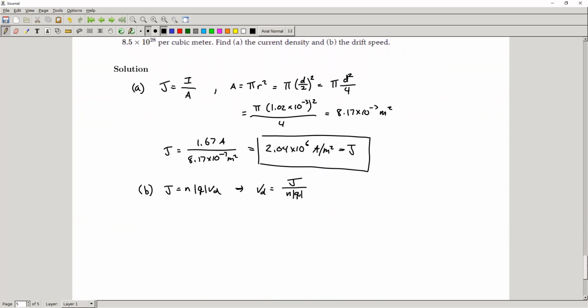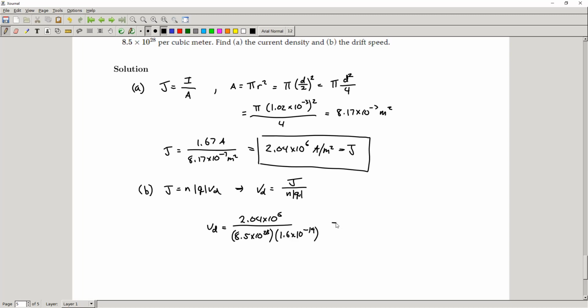So v_d is going to be equal to our J, which we just calculated, over 8.5 times 10 to the 28. That's our n, the density per cubic meter of free electrons in this material. And then the absolute value of the charge on one electron, so I'll just write it down as positive.